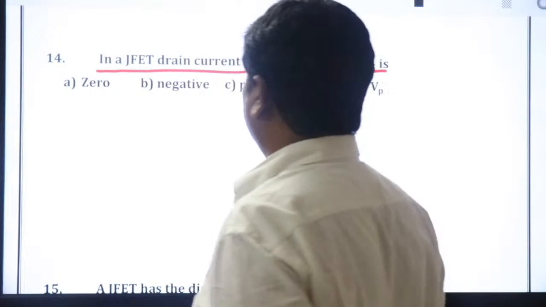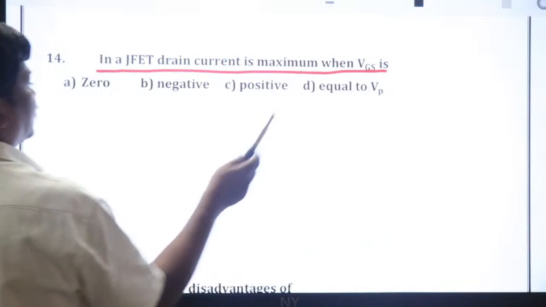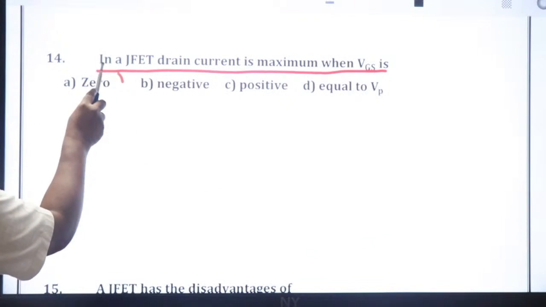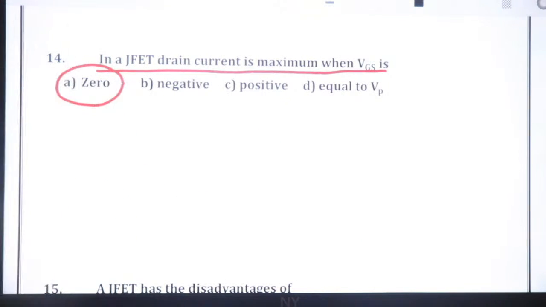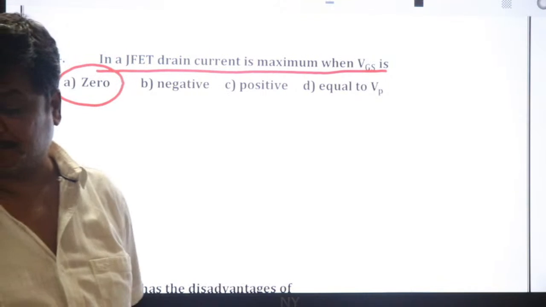So what is the answer? In a JFET, the drain current is maximum when VGS is equal to 0.